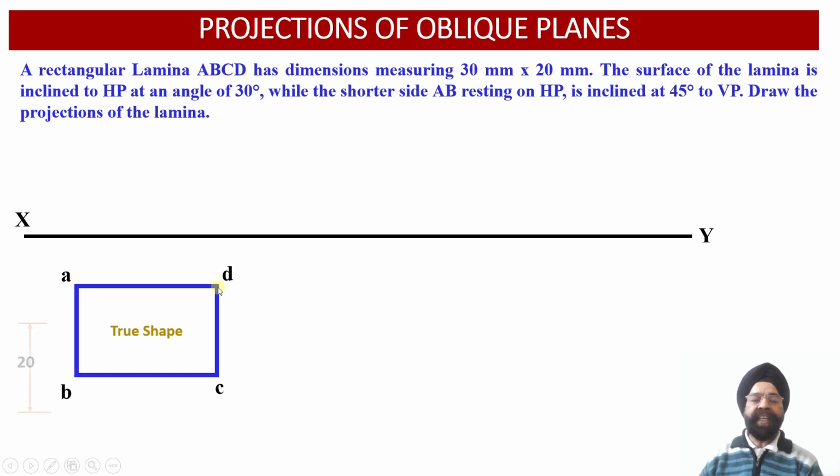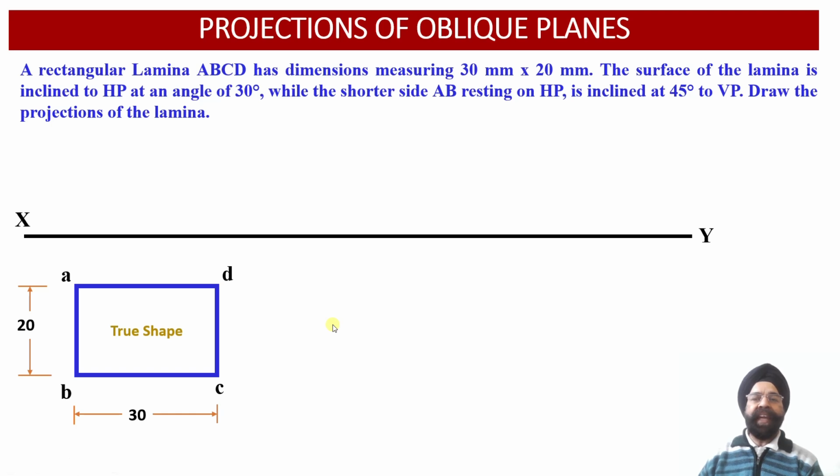This represents the top view true shape projection of this lamina, and the shorter edges AB and CD will be represented as 20 millimeter, and the longer edges BC and AD will be represented as 30 millimeter. Having drawn the true shape projections onto the horizontal plane, now we will proceed with the construction of the front view projections of this lamina.